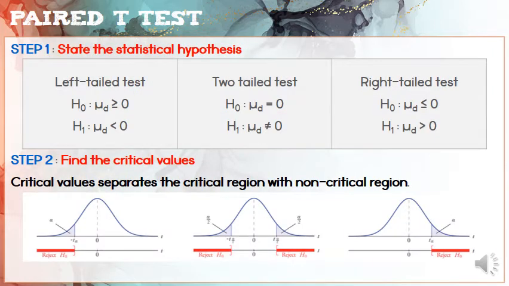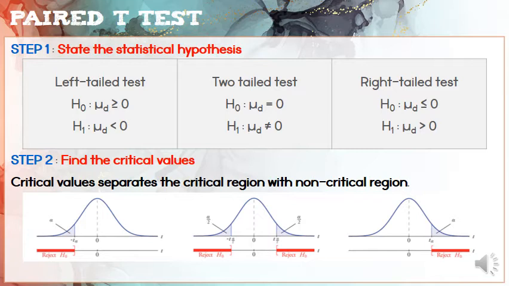In every hypothesis testing, we should start with step 1 by stating the statistical hypothesis. So here in paired sample test or dependent t-test, we use mu d to denote the difference between after and before or vice versa. So there are one-tailed test and also two-tailed test.